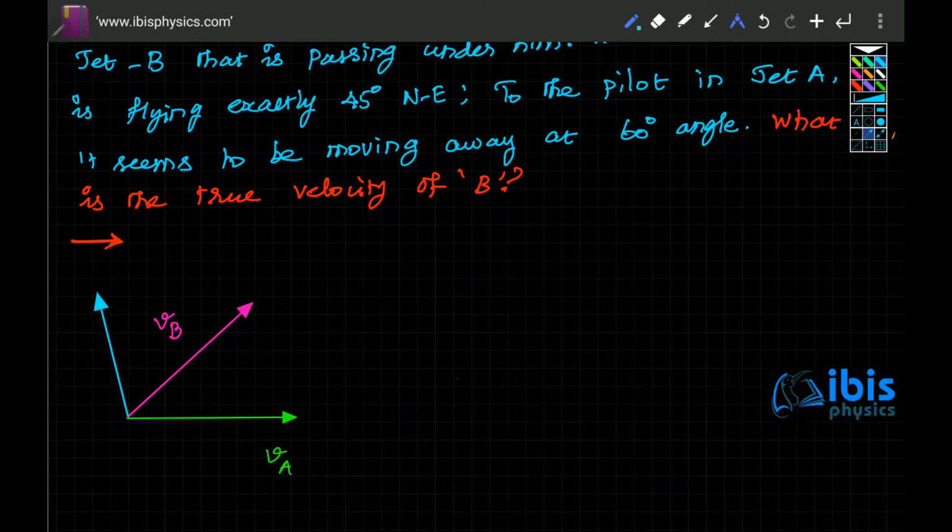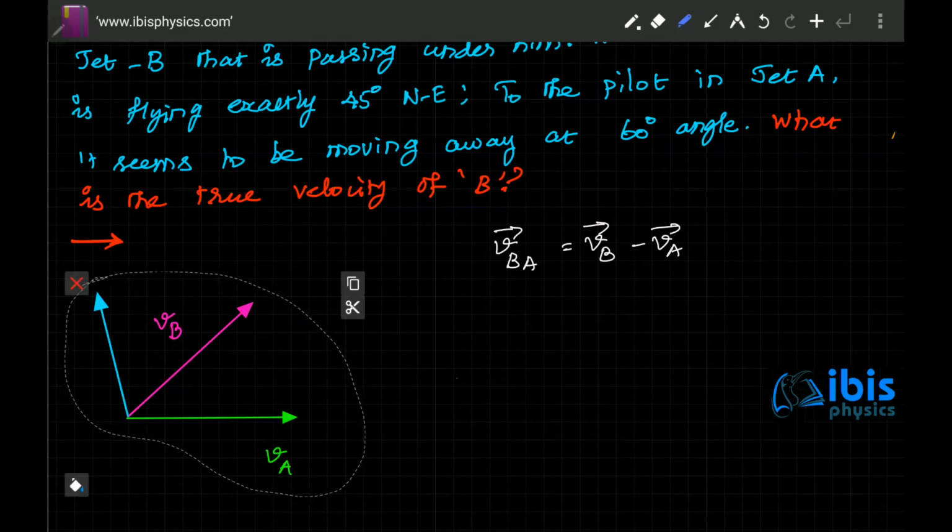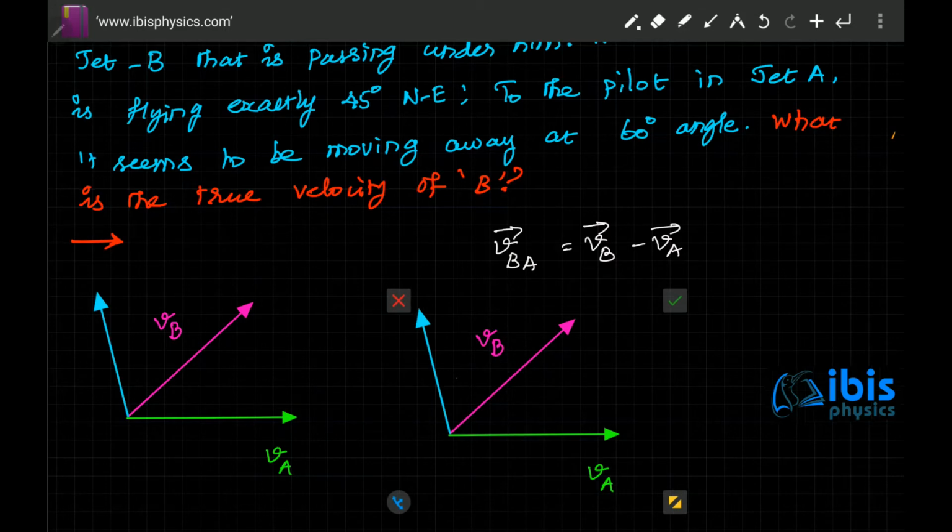So what is relative velocity? You already know that relative velocity of B with respect to A is VB minus VA. So relative velocity of B with respect to A means velocity of B as observed from A is VB minus VA.